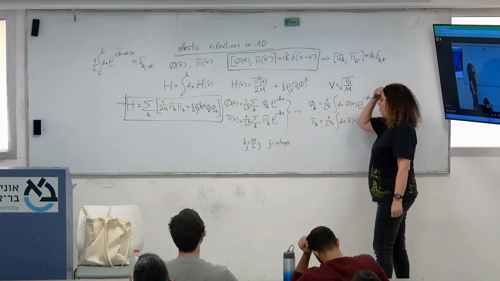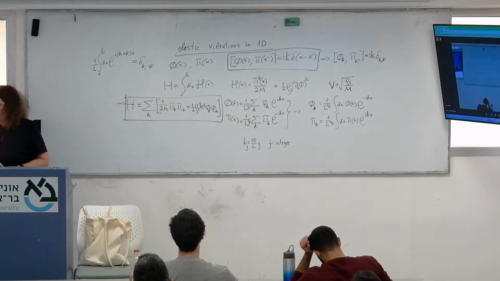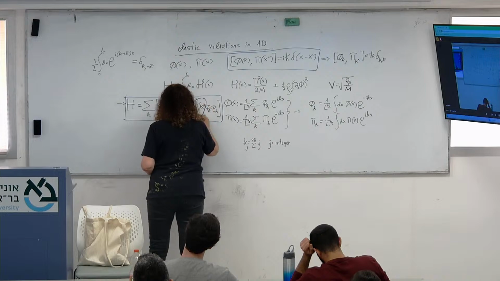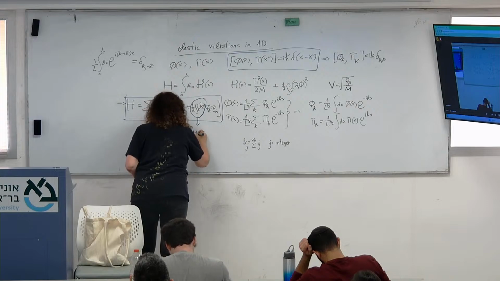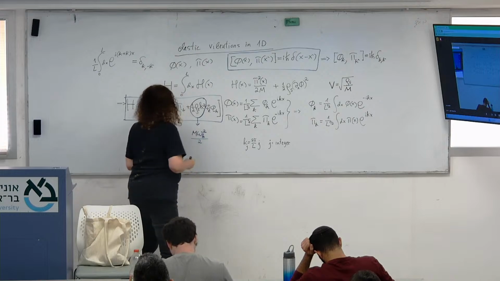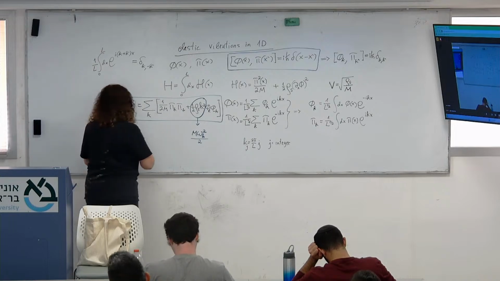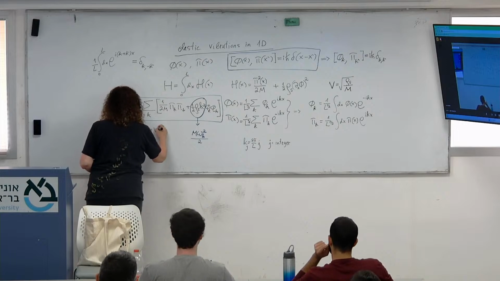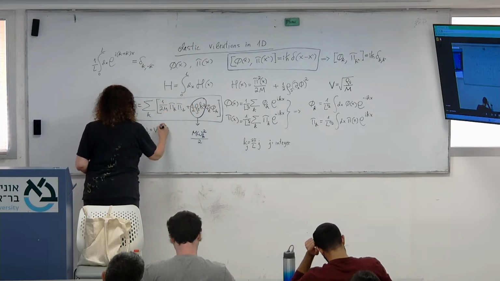Okay, so I can rewrite this coefficient as m omega k squared, where, what is omega? Now I'm defining omega. Omega k is this velocity, which is the square root of rho s over m, times k.